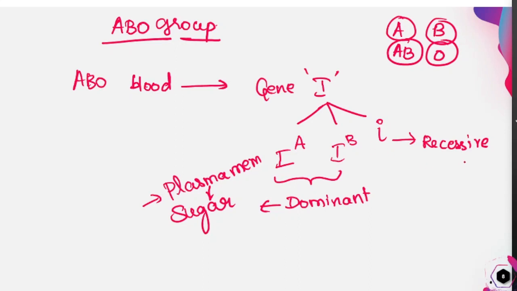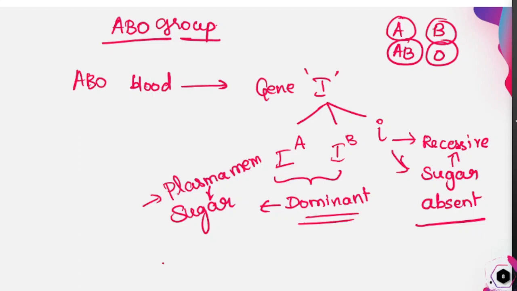And i is a recessive allele because here you don't have any sugar. Since sugar is absent in the plasma membrane, it is recessive in character. These two are dominant. So here you have more than one dominant character and one recessive character. Clear?